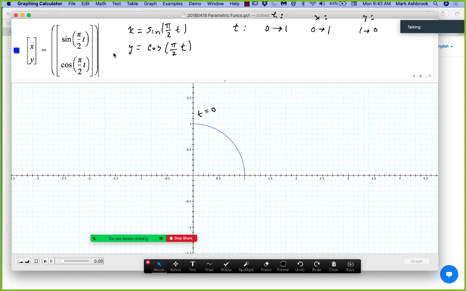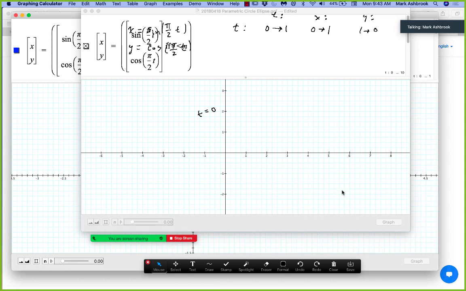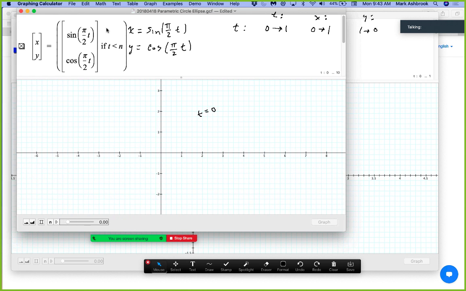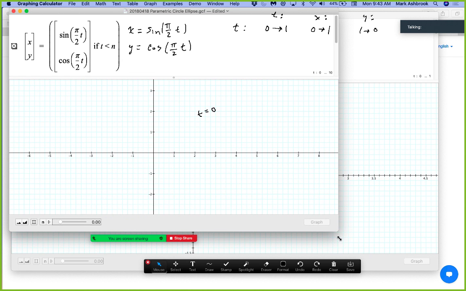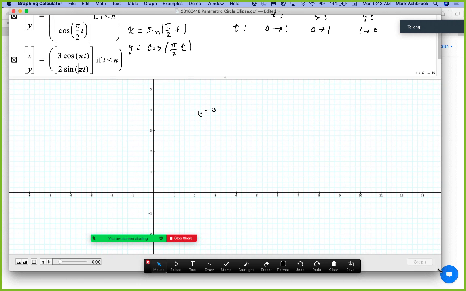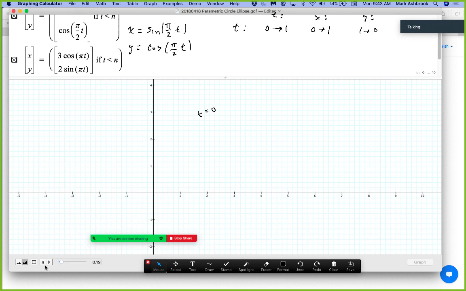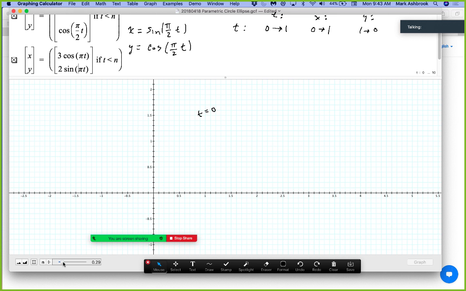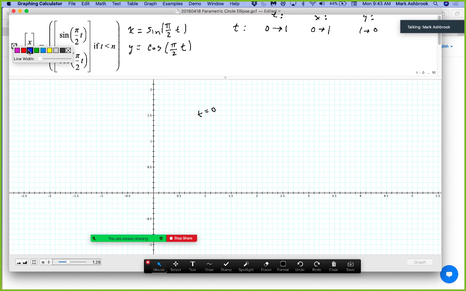So then as t increases from 0 to 1, x increases from 0 to 1, but y decreases from 1 to 0.